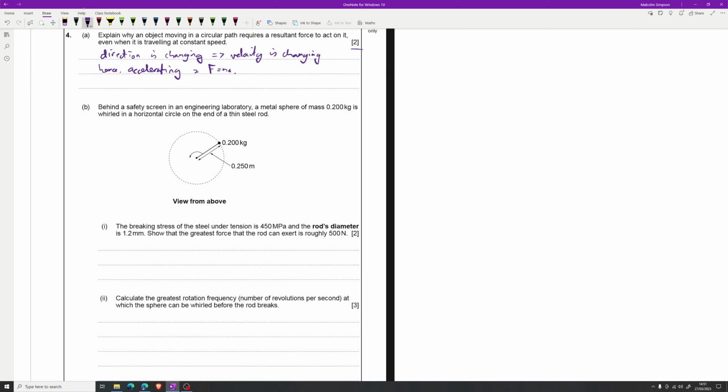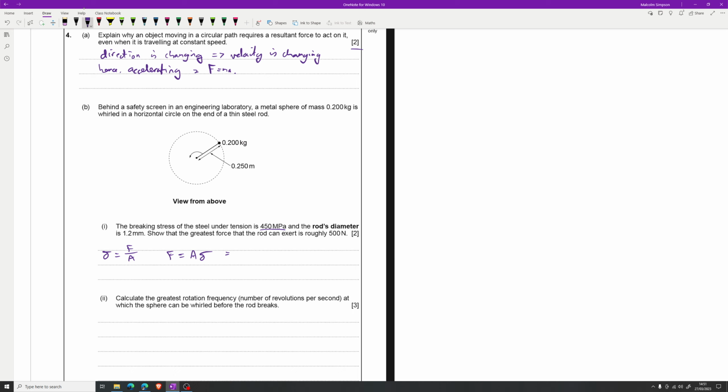So this is a breaking stress. Remember that stress is equal to force over area. So therefore the force is equal to area times stress, which in this case is equal to, we've got to be careful here, they've given us a diameter.